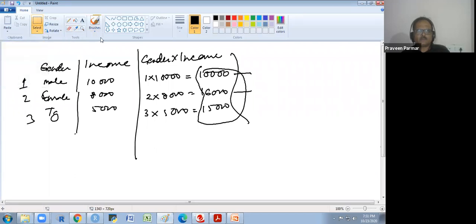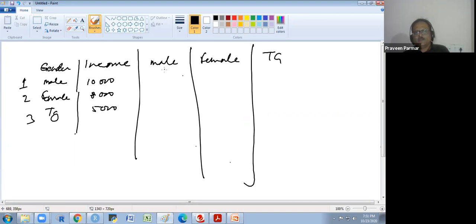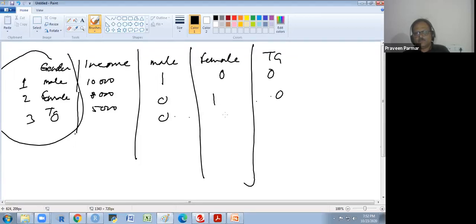I make one column for male, then female, and then transgender. And if someone is male, I will put 1 here. I will not use this column now, and I will just put the values. Here is 0, 1, 0, and here is 0, 0, 1. Got it?